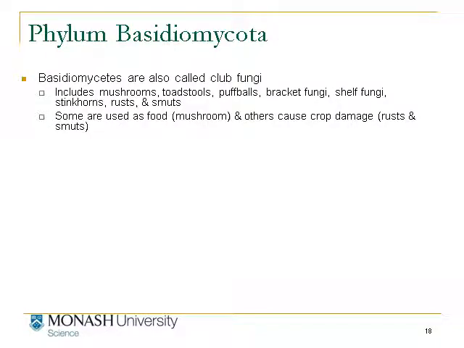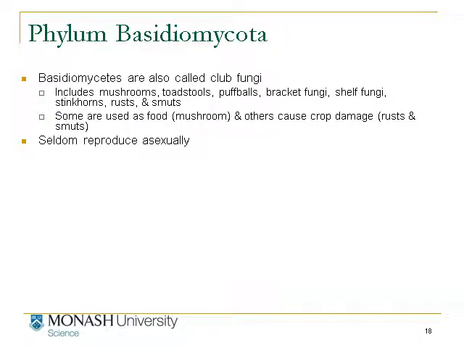The phylum Basidiomycota contains the club fungi, so called because the basidium looks like a club. Basidiomycetes include mushrooms, toadstools, puffballs, bracket fungi, shelf fungi, stinkhorns, rusts, and smuts. Some are used as food, for example mushrooms, but others can cause crop damage, such as rusts and smuts.